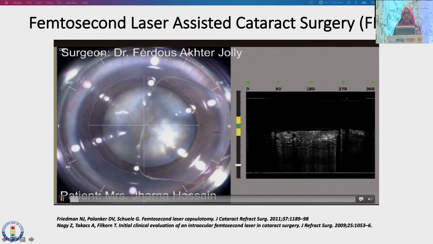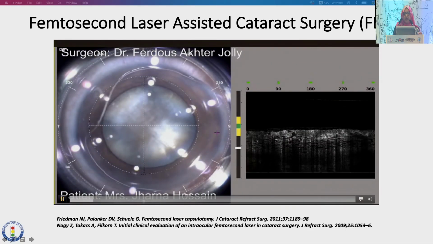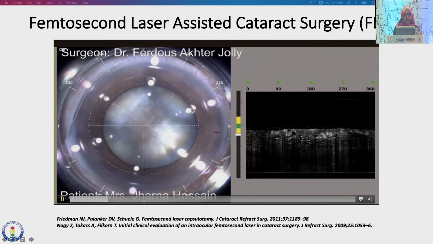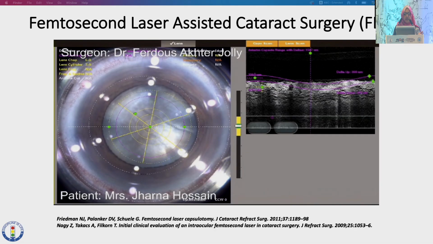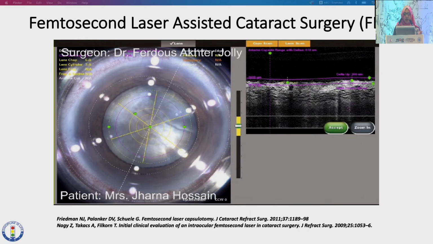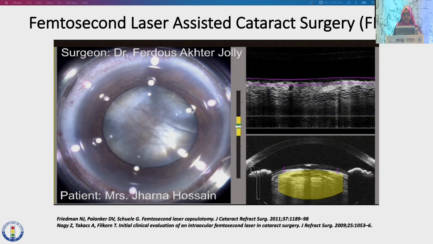Femtosecond laser-assisted cataract surgery paved the way to a new era, especially in white and hard cataract, to achieve the desired capsulorhexis. This technology gives more consistent outcomes than are achievable by an experienced surgeon.